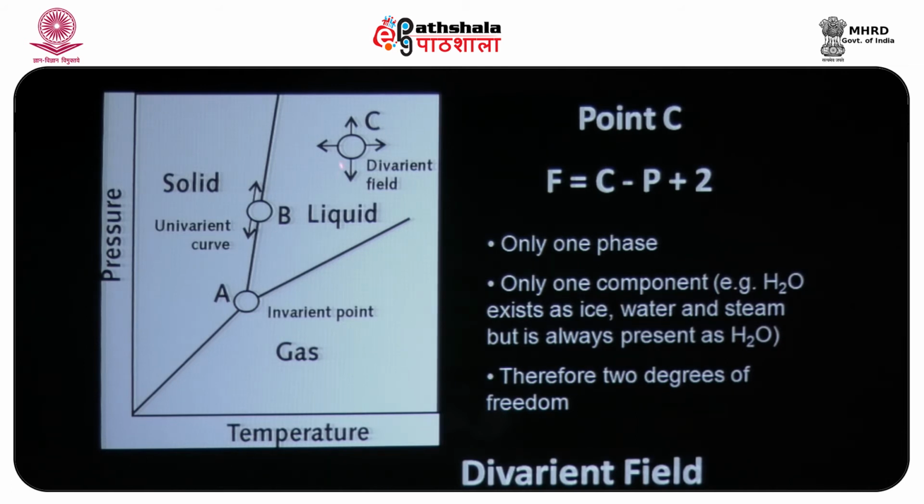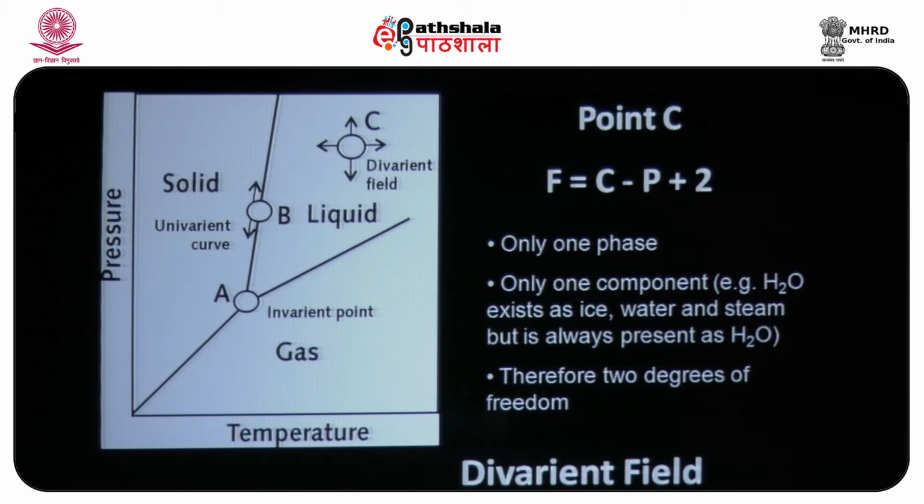Now, things will change as you move from this field, the field of C, and as you start moving, say for example, you are on this line. So, now let us look at the degree of variance on this particular line. So, again we go back to the same formula, F equal to C minus P plus 2. Now, out here when you are on the line, what are the components?